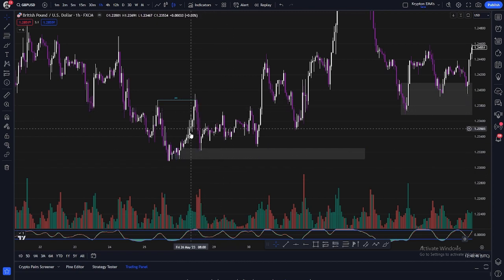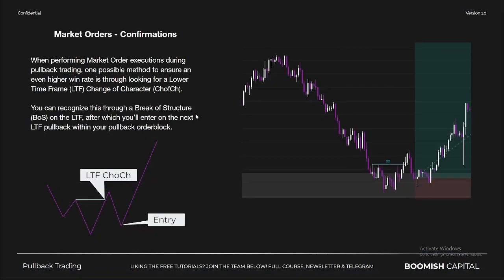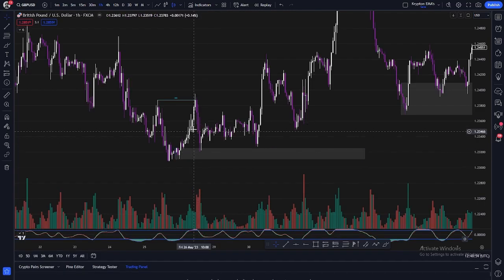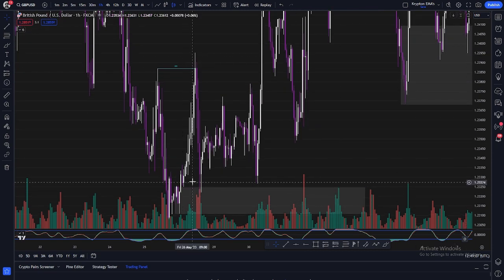So again, if I go all the way back here, big move, imbalance created. You can see this big move is created where there's an imbalance, there's no real down move since this major up move, and then there's a change of character, and this order block is untested, except maybe not even this tested it.